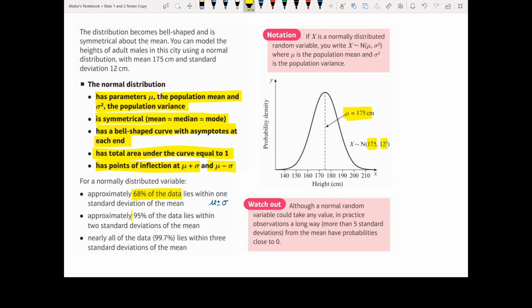And then we have 95% of the data which will lie within 2 standard deviations. So that's mu plus or minus 2 standard deviations. And then 99.7%, which is almost all of the data, will be within 3 standard deviations of the mean. So mu plus or minus 3 standard deviations.